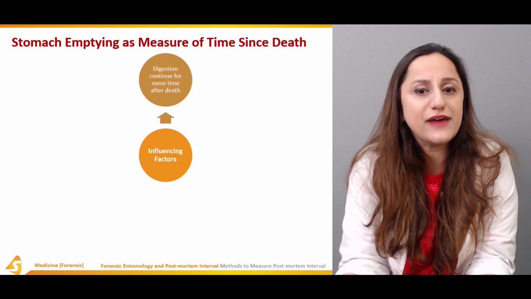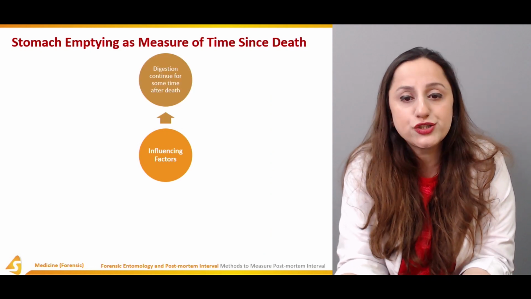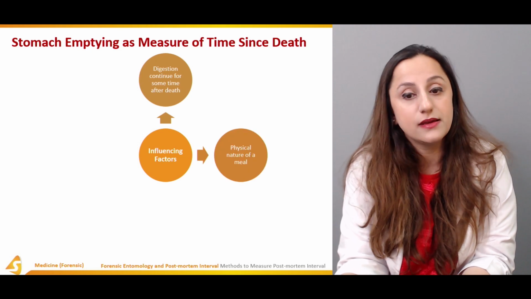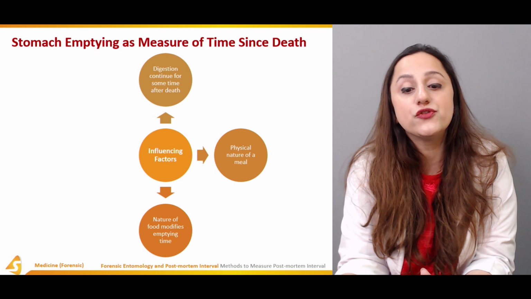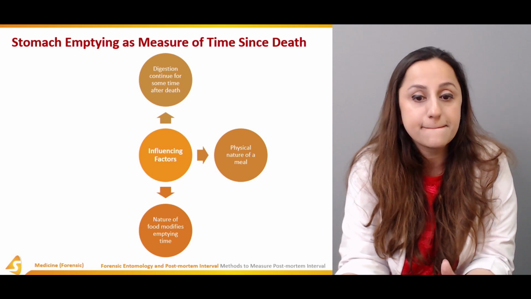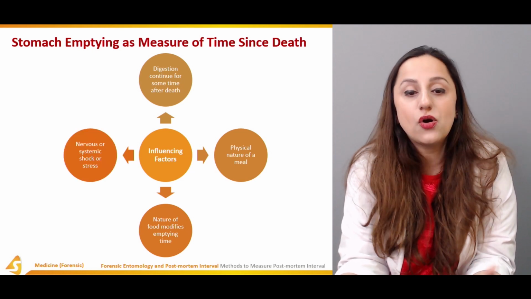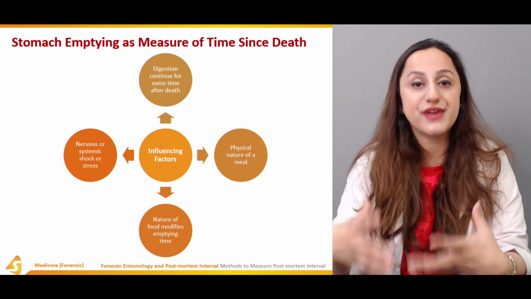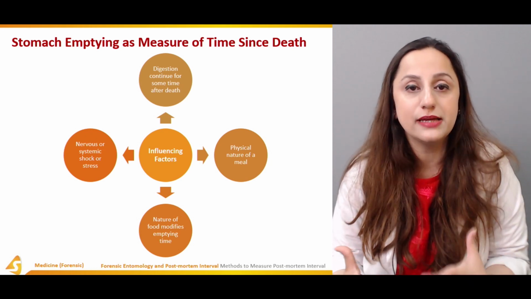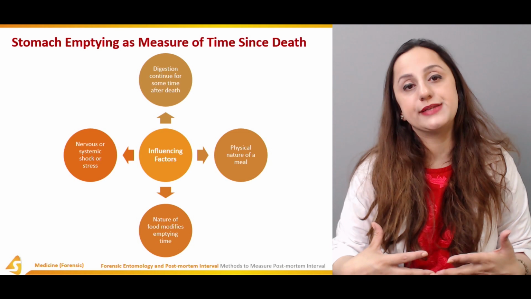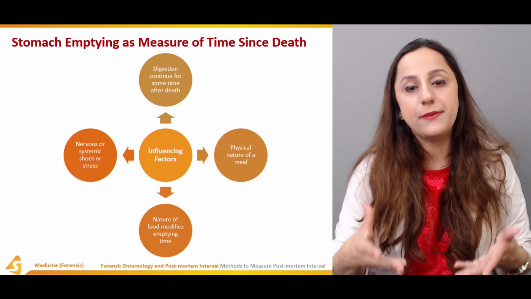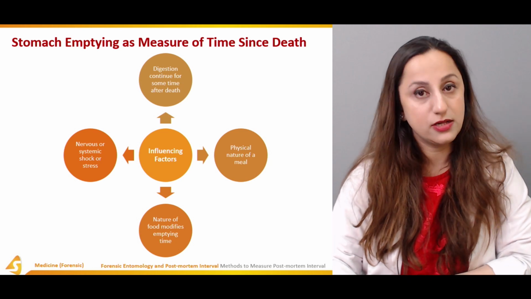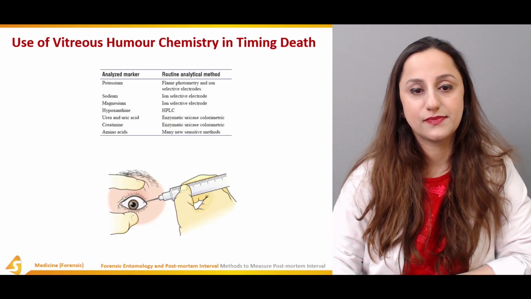The influencing factors are that digestion continues for some time after death, the physical nature of the meal that the person has taken, of course, the nature of the food modifies emptying time, and the nervous or systemic shock or the stress and the emotional state of the person at the time of death. Basically, all of these variables contribute towards stomach emptying as a measure of the time since death.